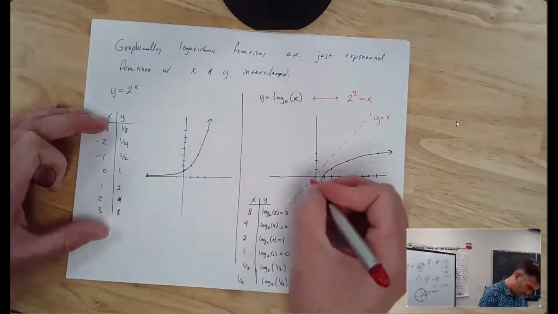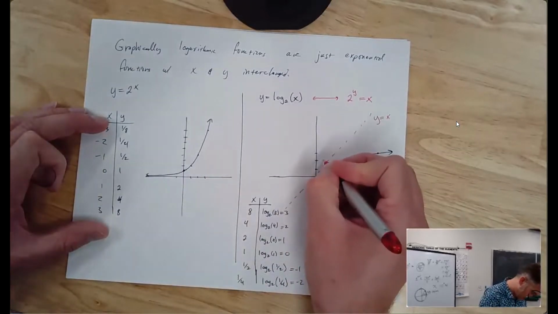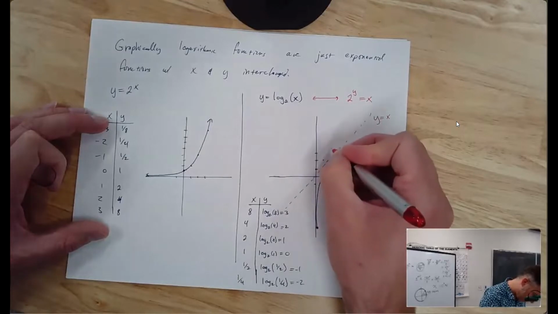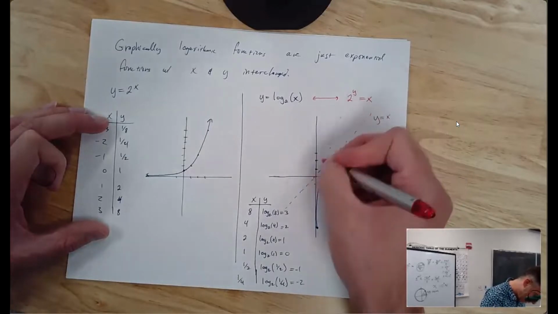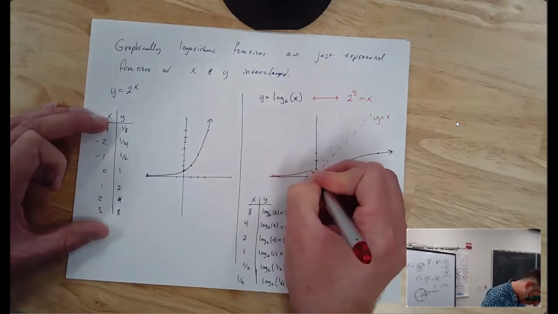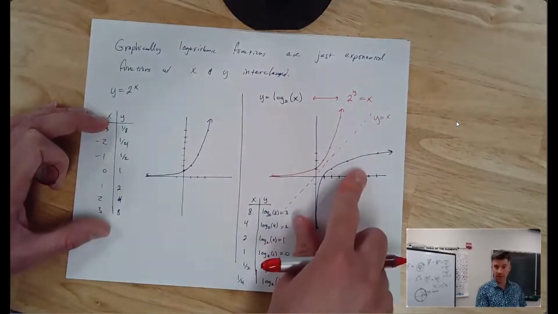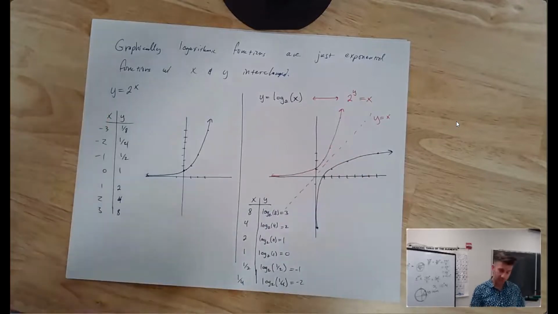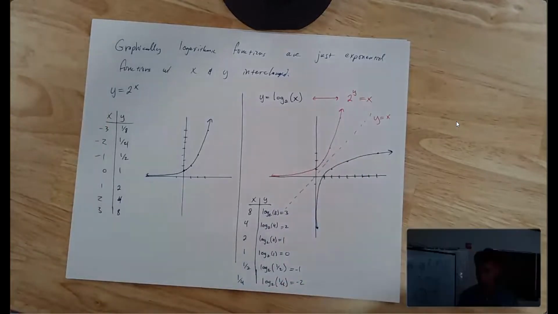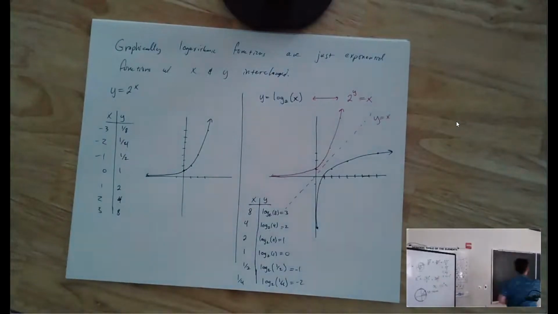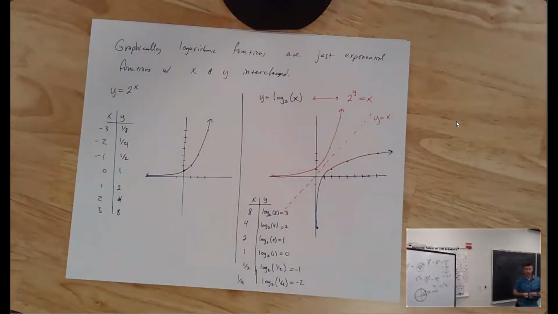This graph here is literally just the mirror image of that graph there in that line. And that is always true for inverse functions: they are always mirror images of each other across the line y equals x.